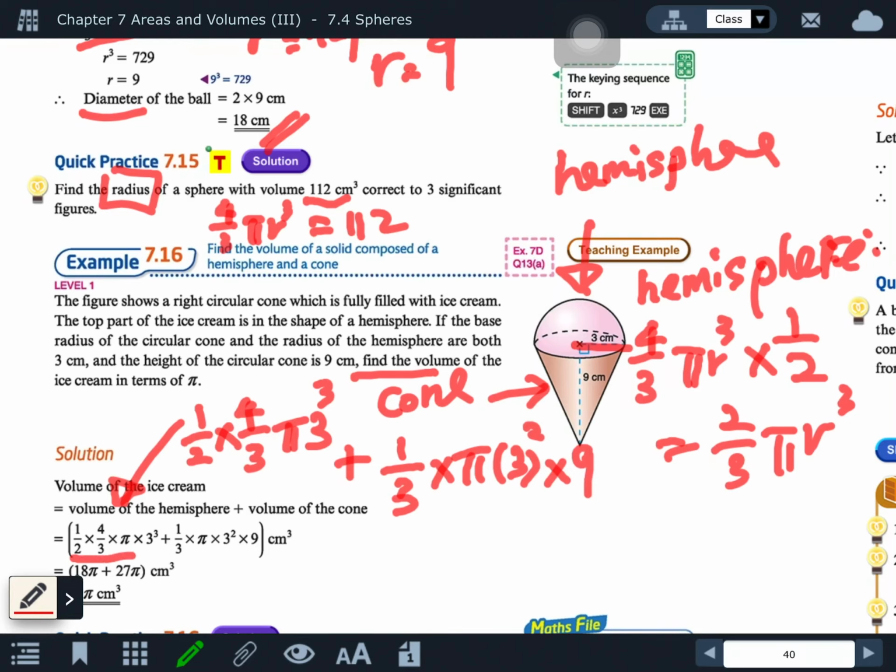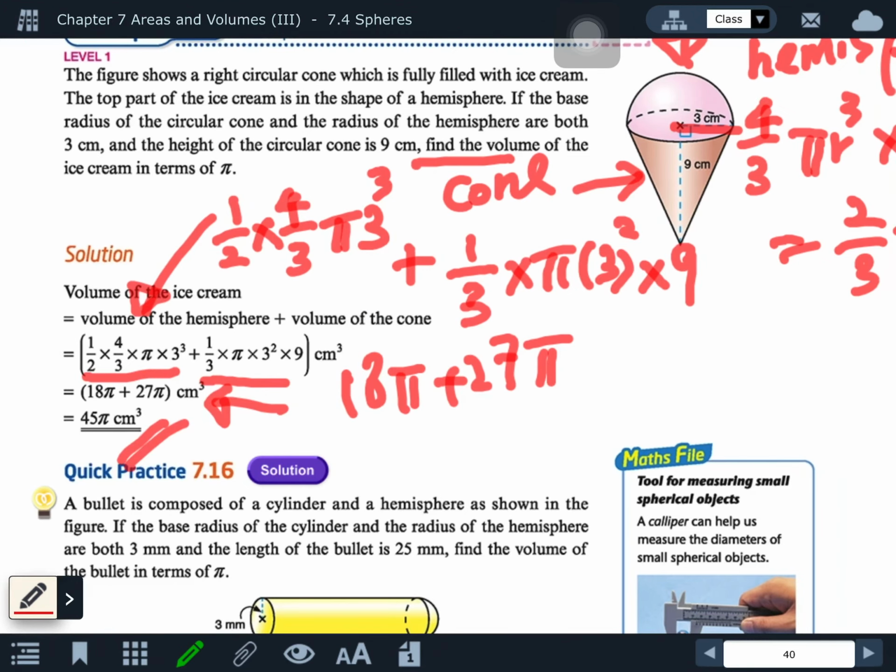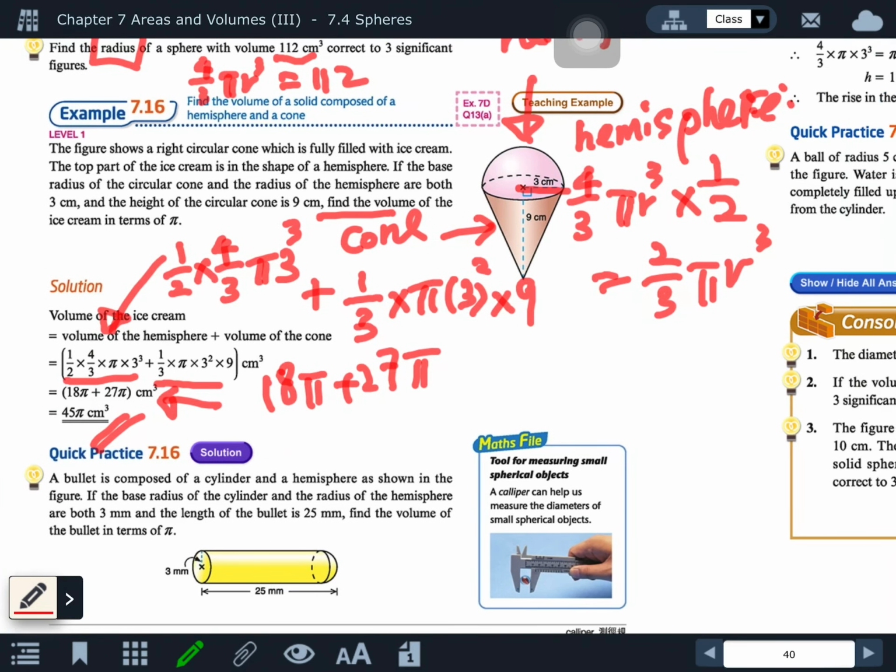Okay, so adding these two together using the calculator, we know this is 18 pi plus 27 pi, and then we get the final answer of 45 pi. Okay, you can try out the quick practice by yourself, and see if we get a cylinder plus a hemisphere, how can we find the volume.